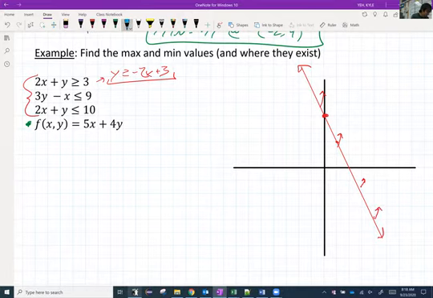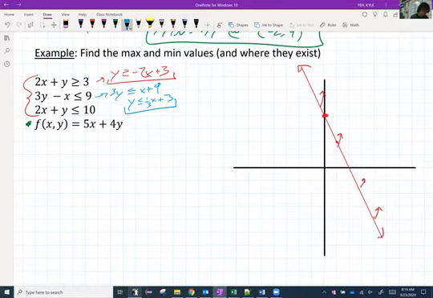All right, next one. So 3y, if I move the x over, is less than or equal to x plus 9. Which means that y is less than or equal to 1/3 x plus 3 if I divide everything by 3.